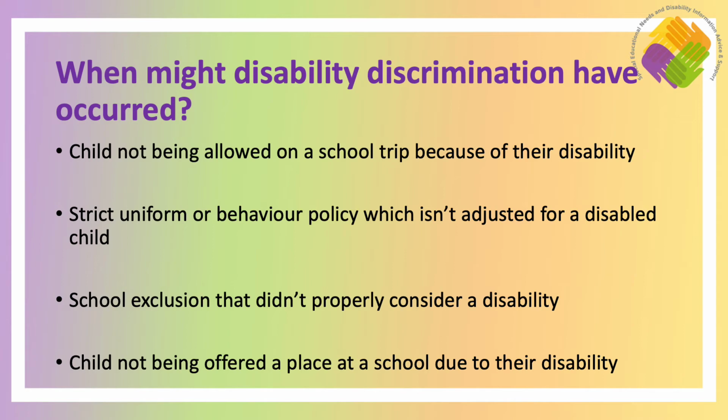It could be that a child's not allowed on a school trip because of their disability. There could be a strict uniform or behaviour policy which isn't adjusted for a disabled child. There could be a school exclusion that didn't properly consider a disability. And it could be that a child's not offered a place at a school or a nursery or a college due to their disability. Those are all examples of what might be disability discrimination.